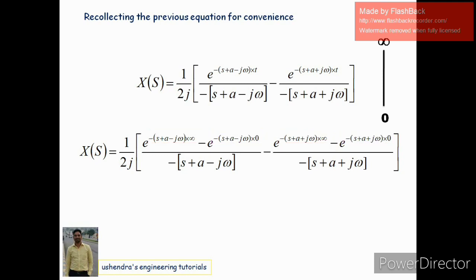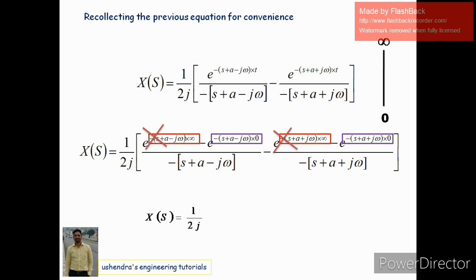I repeat, this leads to minus infinity, this leads to 0, even this becomes minus infinity, and this becomes 0. And what happens is the exponential e raised to minus infinity will be 0. So we don't have this term anymore. Why? Because e raised to minus infinity will be 0, and even this term also gets cancelled because e raised to minus infinity is 0.